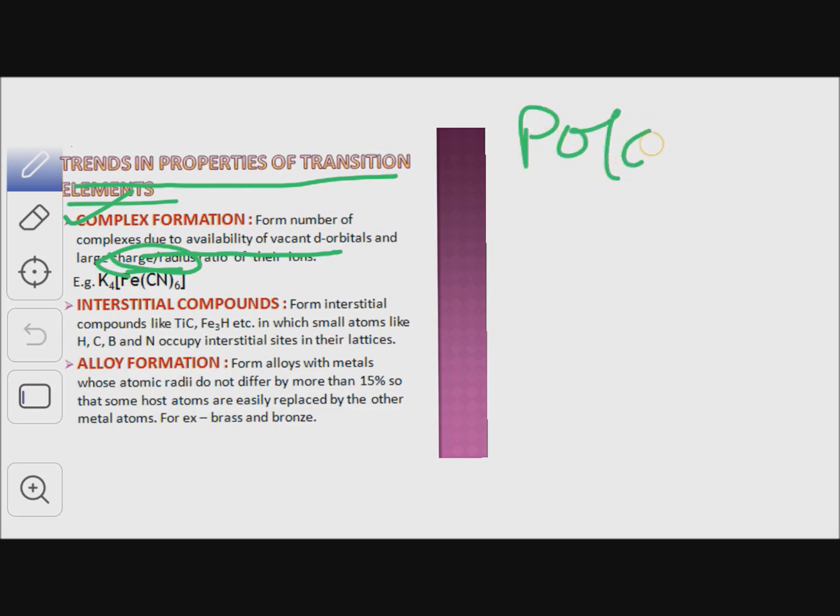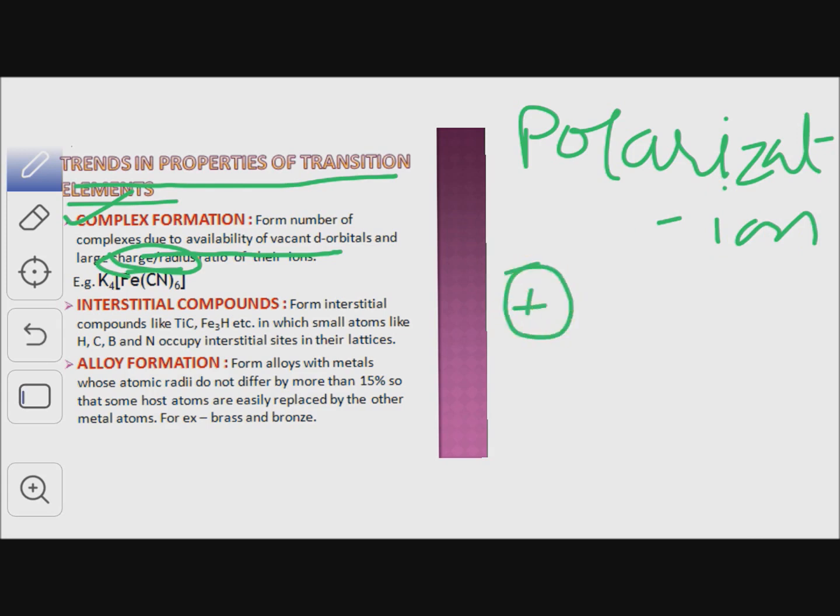and polarization is a phenomenon in which, when a positive charge or a cation approaches the negative anion, its electron cloud distorts and is attracted towards the positive cation.